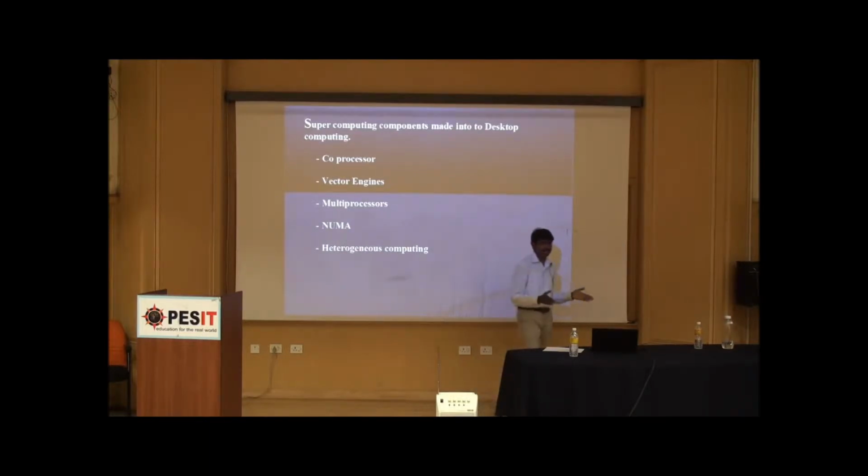Non-uniform memory access. If you have multiple cores or multiple processors, each processor has its own local memory. So if one processor wants to access another processor's local memory, the timing is always non-uniform, right? So that part has also moved into desktop computing.